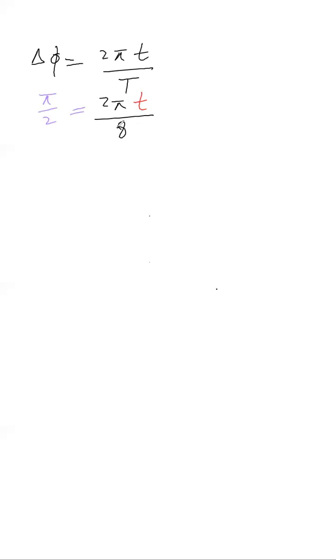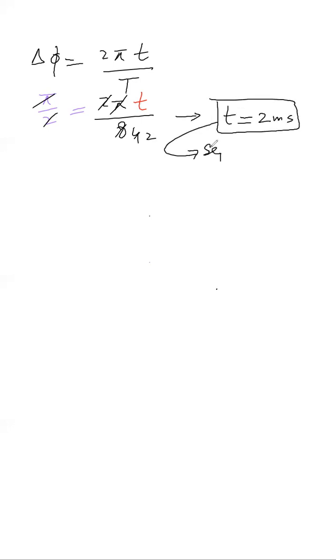Now you have to do some simplification. So pi is going to be cancelled out with pi, and then this 2 cancels with 8, and then 2 2's, and from here you can write that time is actually 2 milliseconds. So what is this t?